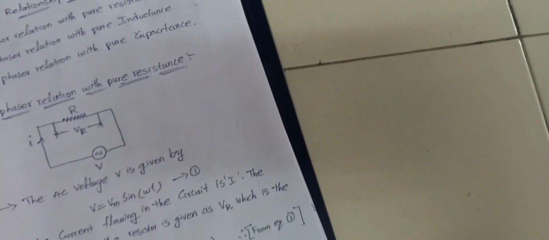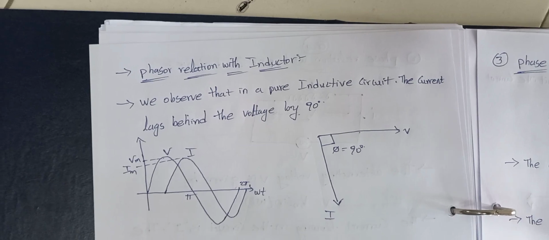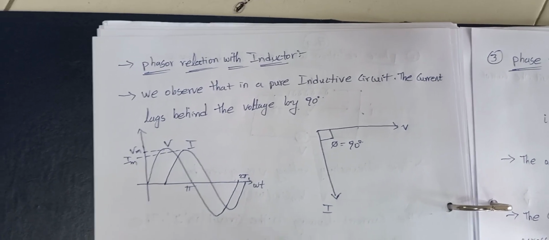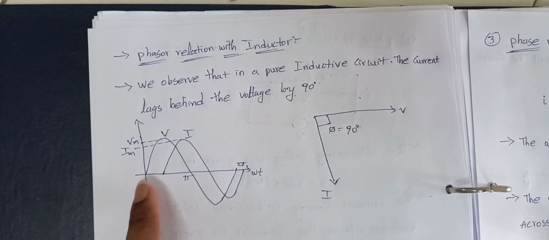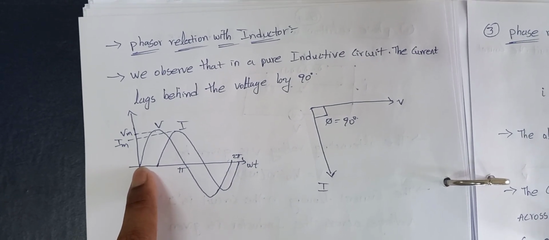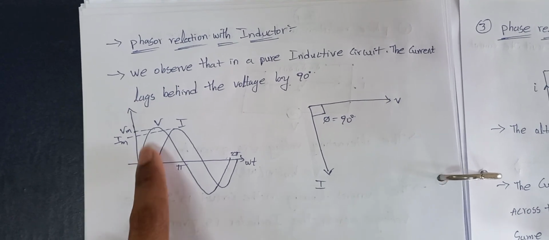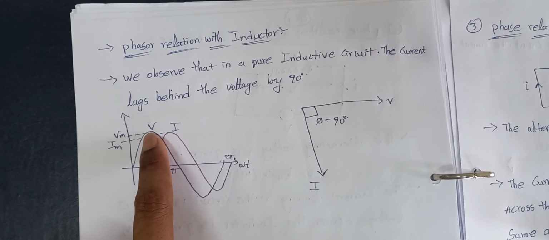The waveform is also the same, you remember. In the lagging condition, whatever waveforms we got, the same waveforms we get here. We observe that in a purely inductive circuit, the current lags behind the voltage by 90 degrees. The current starts from the 0 point, and at the peak voltage point we get maximum voltage.